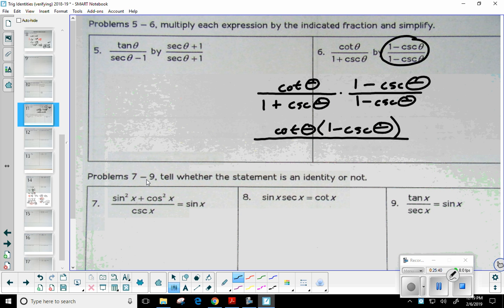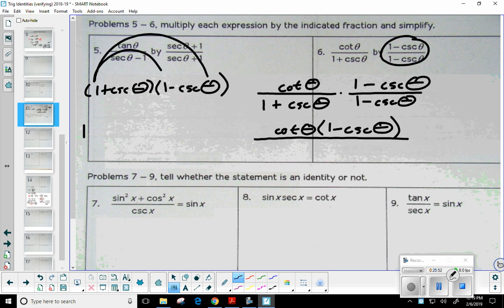So 1 plus cosecant times 1 minus cosecant theta. Okay, so let's multiply first. 1 times 1, 1. Now let's multiply the outside. So 1 times a negative cosecant, negative cosecant. Now, if those are my outside, then the two middle are my inside. Cosecant times 1 plus cosecant theta.